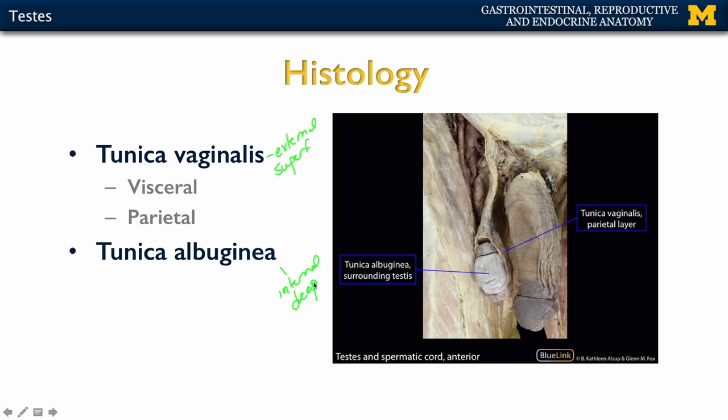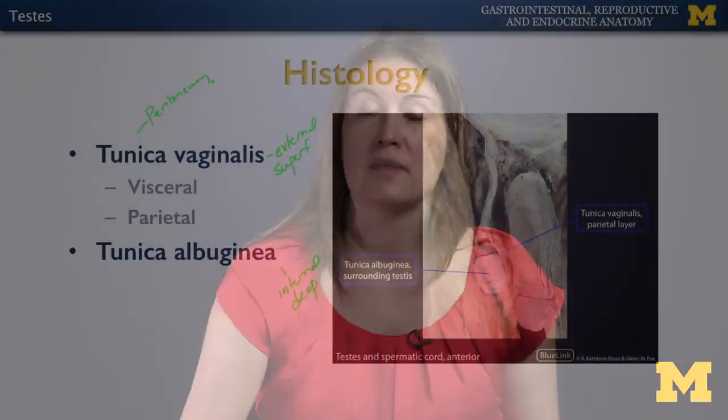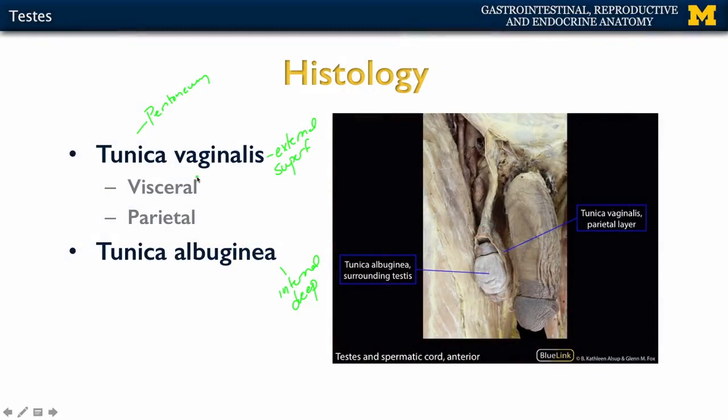The tunica vaginalis is going to be a remnant of the peritoneum, and that makes sense if you think about the testes having developed within the abdomen, which obviously has the associated peritoneum. That peritoneum travels and descends with the testes through the inguinal canal and then forms this covering here. You have two different layers: the visceral, which is very closely associated with the albuginea, and the parietal, which forms more of that protective role.